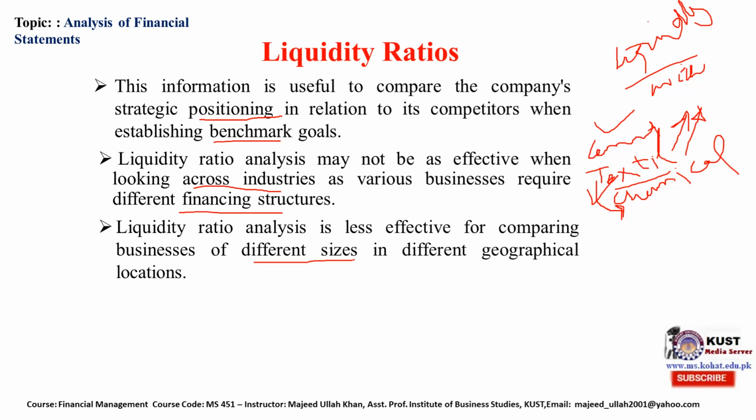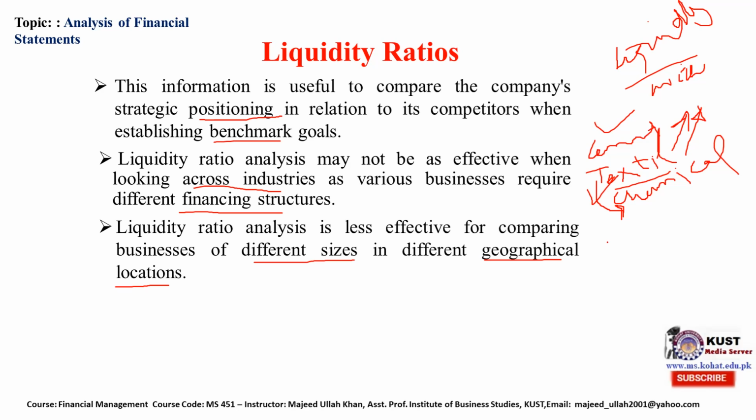and different geographical location. So we will have to keep in mind that when we compare two firms to study their liquidity positions, we will not compare firms from different industries, and we will not compare firms when one is very large and another is very small.